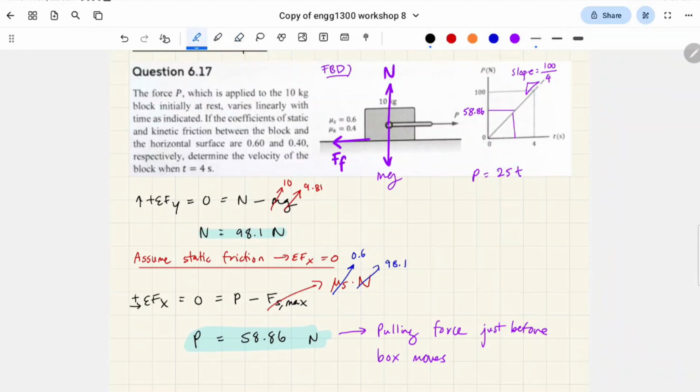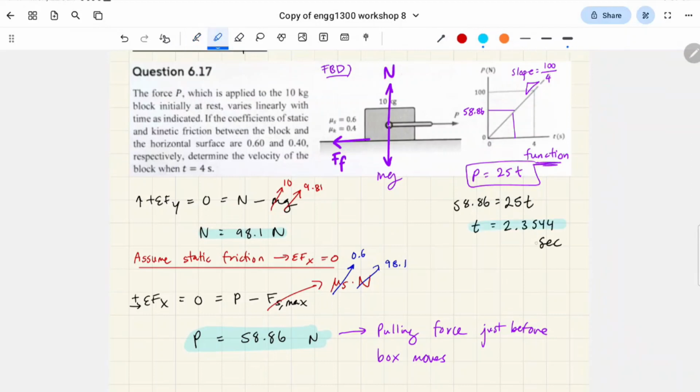So that's our straight line function. And since we know P and we want to solve for T, we rearrange for T. That gives that, so at that time, that's when the box starts moving.